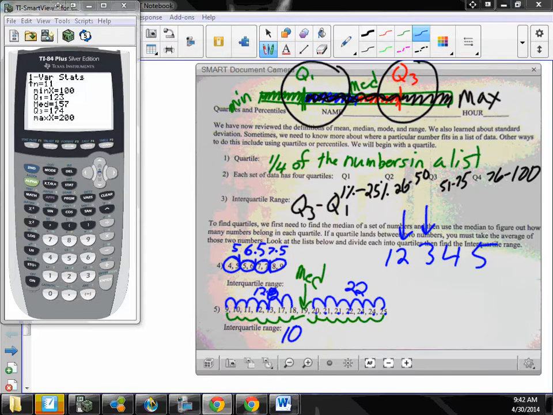And nobody can really agree on how to do that. There are actually 3 methods to find the quartiles. Sometimes you include numbers, sometimes you don't, and you kind of pick what method you like. So because of that, we're just going to use the method that the calculator gives us. So if there are a funny list of numbers, we'll just ask the calculator, and it will find Q1, Q2, Q3 for us, so we don't have to.